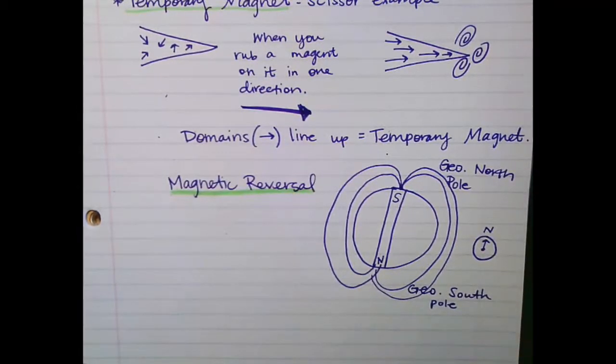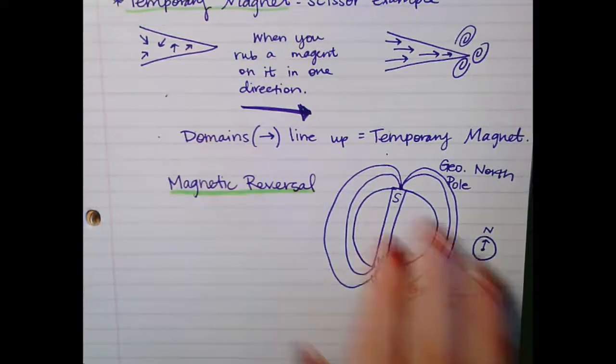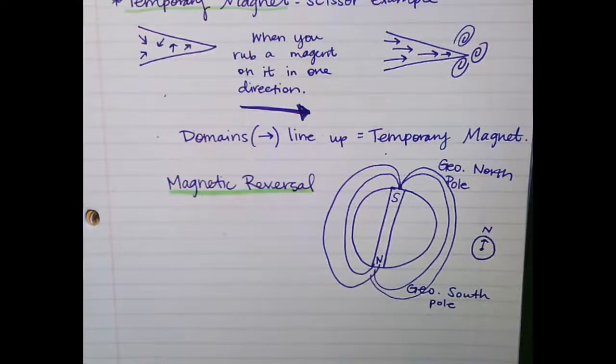So that is what magnetic reversal is. Not a huge thing until we start talking about erosion and different evidences of continental drift and plate tectonics, but again, that does have to do with the magnetic field of Earth.